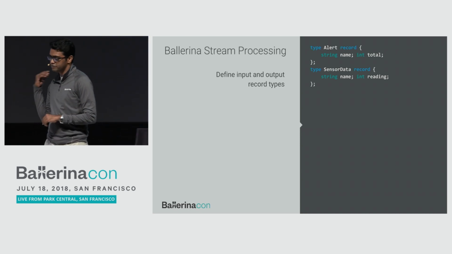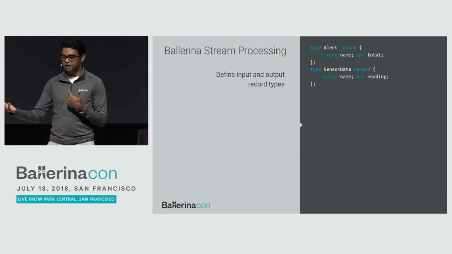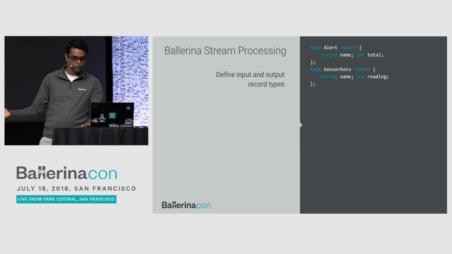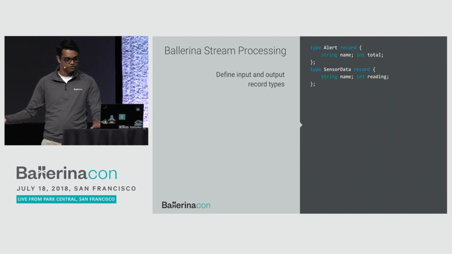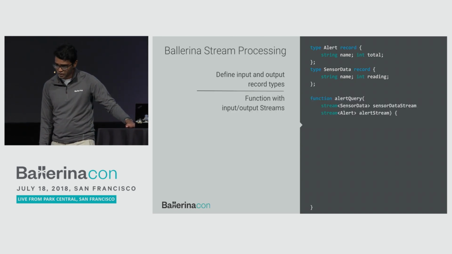First of all, we have to have some records. That is how we know what is the incoming data and what is the outgoing data. So here we have two records. One has a string name and the total, and the other one has the sensor data, which is the input. We have name and reading.